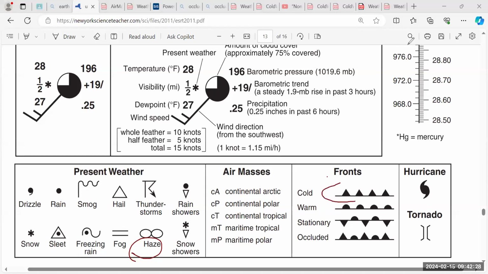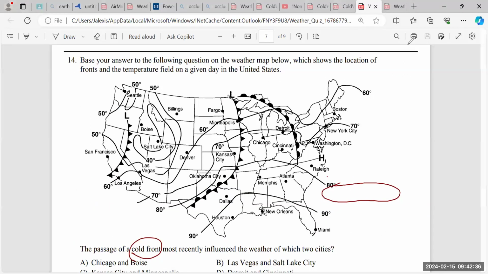Cold fronts are the symbols that have the triangles, okay? One thing that I know is that cold fronts are moving throughout the country. They want to know which cities a cold front just passed. So I'm going to be looking at the cities where a cold front passed not too long ago.